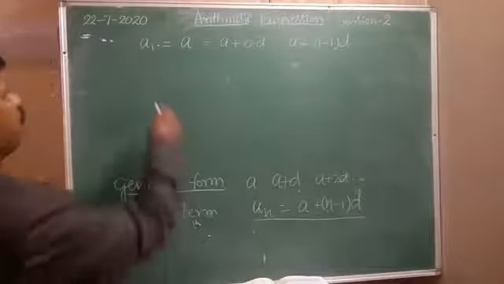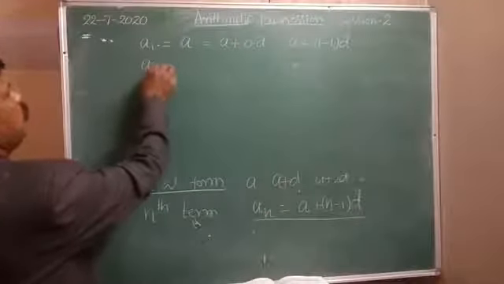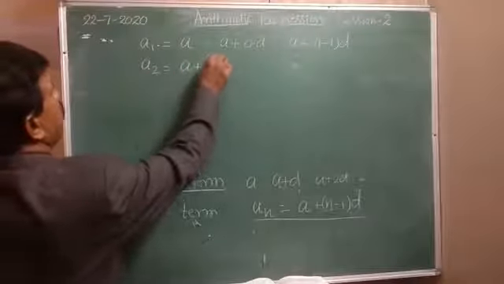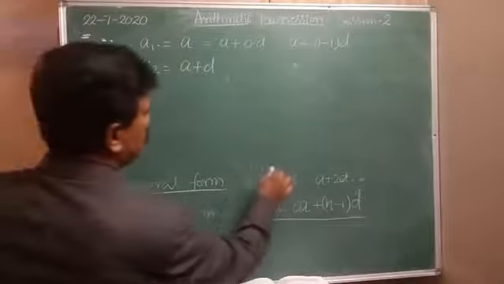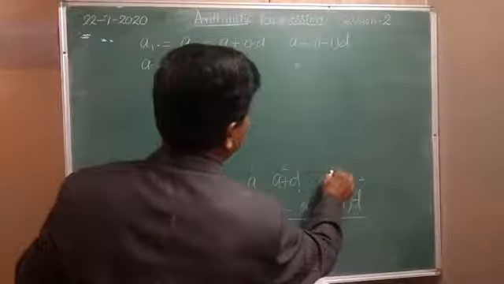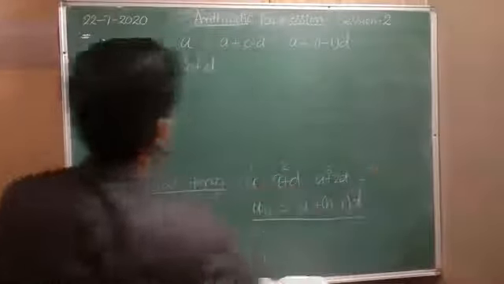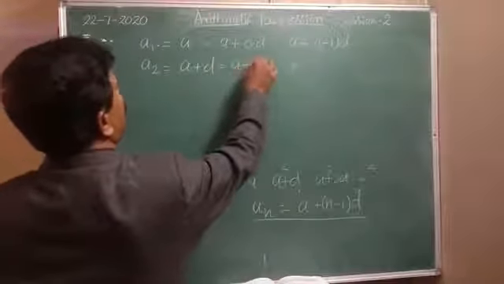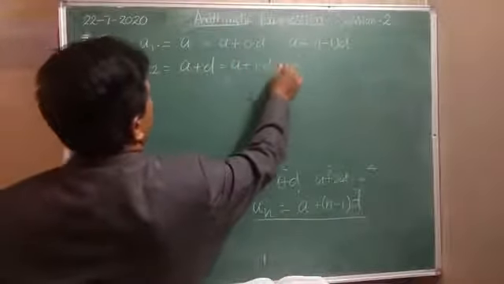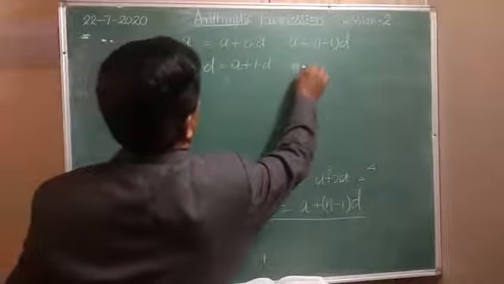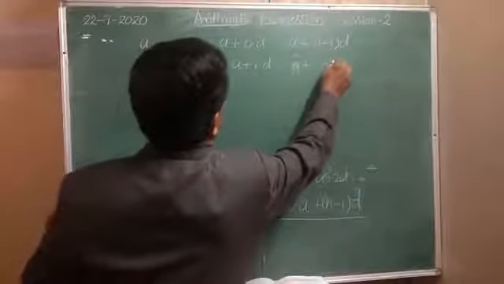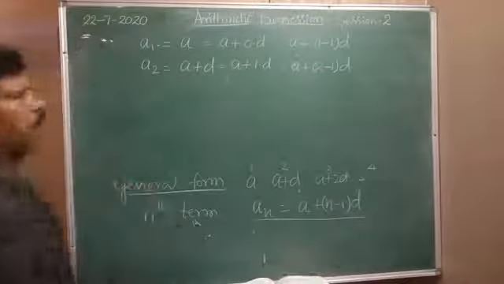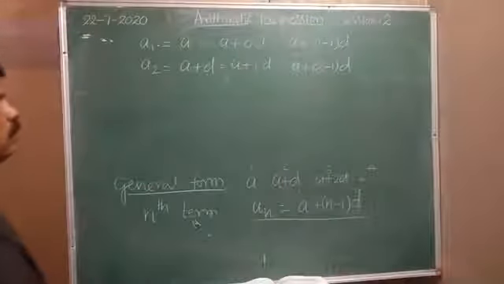Now the second term, a2 equals a plus d. So this is the first term, second term, third, fourth, etc. Here in this we have a plus 1 into d. So we write this 1 as 2 minus 1, a plus 2 minus 1 into d.